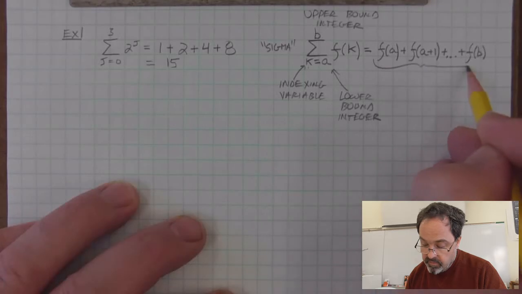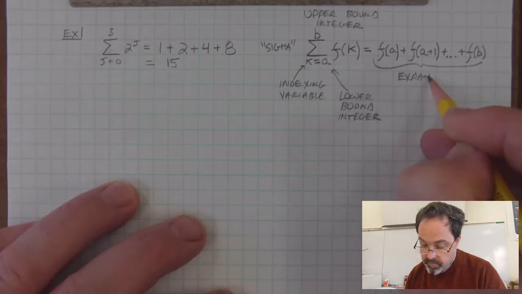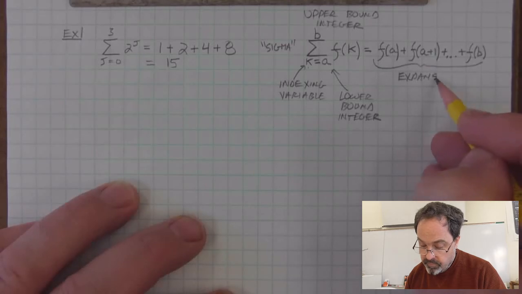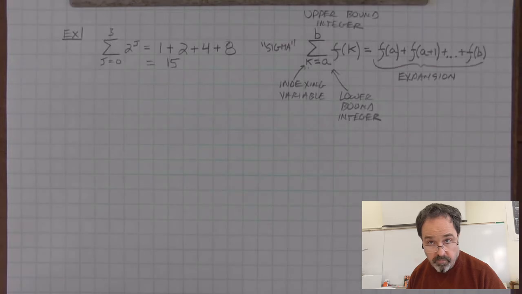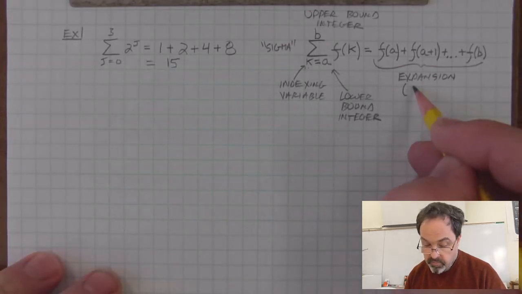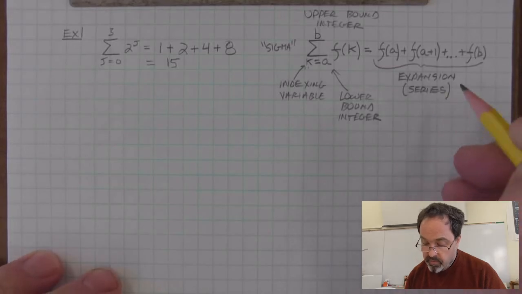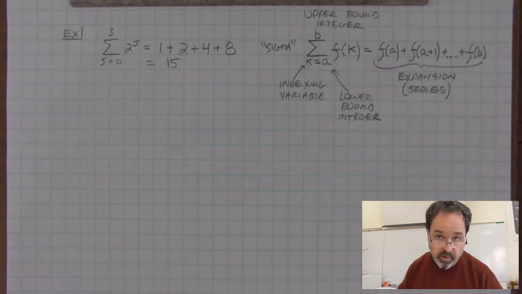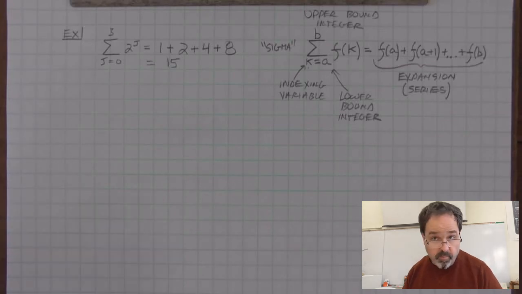The series is called the expansion of the sigma notation. It is all the terms before you add them. And the expansion is a series, and if it followed certain rules of an arithmetic or a geometric series, we may be able to use equations to help us add those terms together.